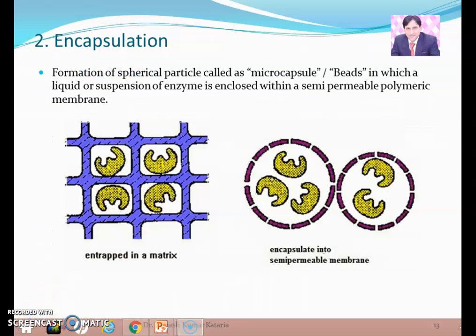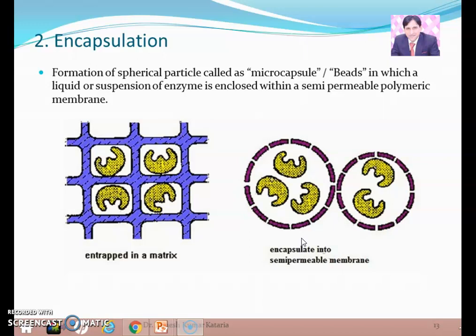Then comes encapsulation, the second method of within-surface enzyme immobilization. Encapsulation, as the name suggests, the enzyme is encapsulated. It means the enzyme acts as a core material and the surface acts as a coating material.